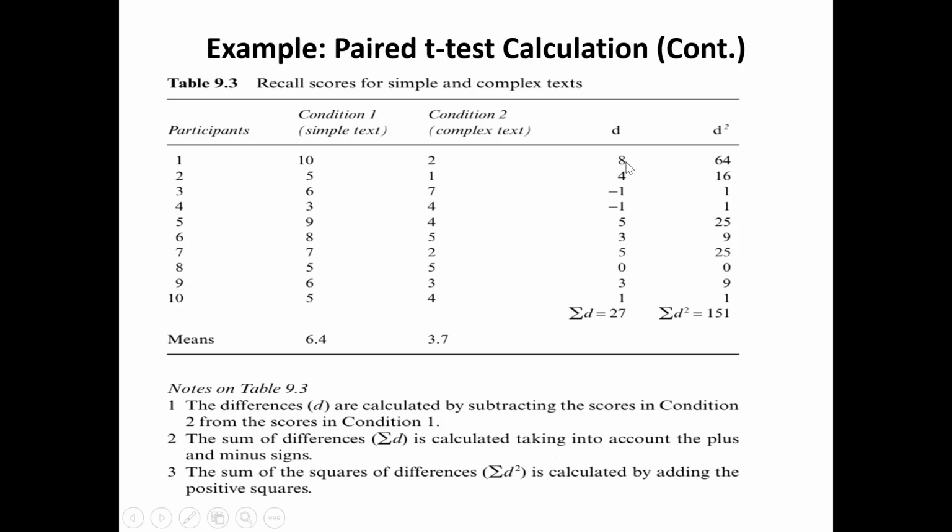I always advise that you calculate all the positive signs and then calculate the sum of the negative signs. Subtract the sum of the negative signs from the sum of the positive signs to get the answer. That's one simple way to do it so that you don't make mistakes. Then the sum of squares of the difference, summation D squared, is calculated by adding all the scores here. You add everything.